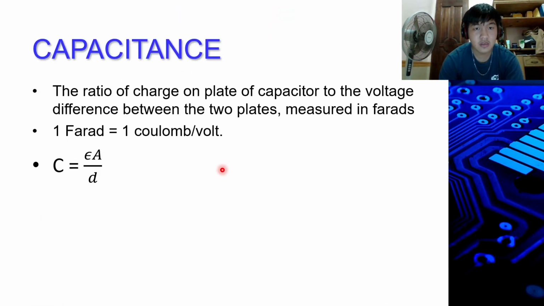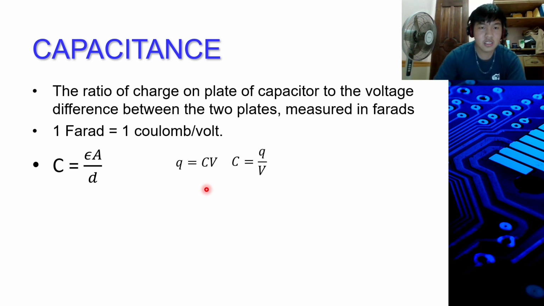So the ratio of charge on a plate of the capacitor to the voltage difference between the two plates is measured in farads, where 1 farad is equal to 1 coulomb per volt.